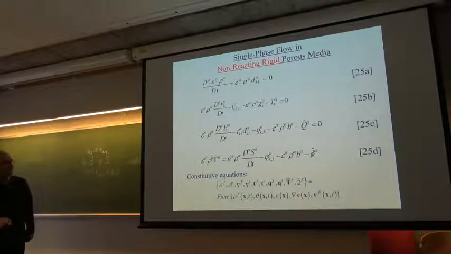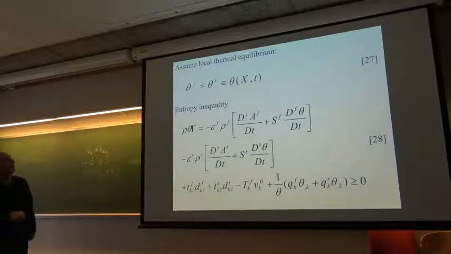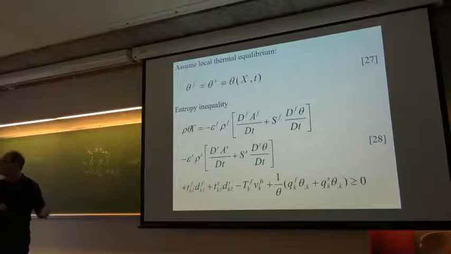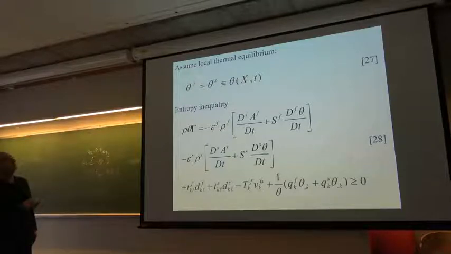And because it's rigid, porosity is not a function of time anymore, and the gradient of porosity is not a function of time anymore. And this is the relative velocity of fluid and solid. I make this extra assumption. I now assume the temperatures to be the same. I don't have to. If I don't do that, I get some extra terms. But for now, this is what is known as local thermal equilibrium. At any given macroscopic point, the two phases have the same temperature.